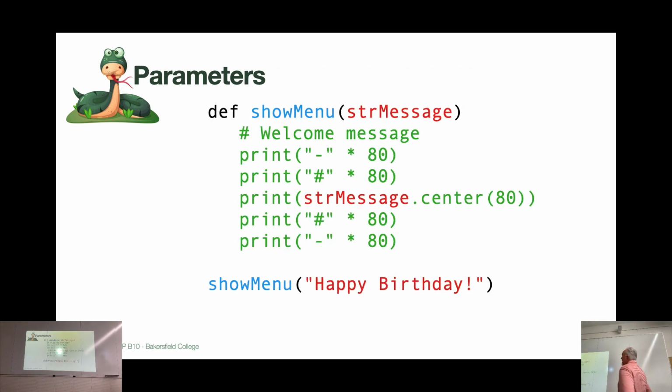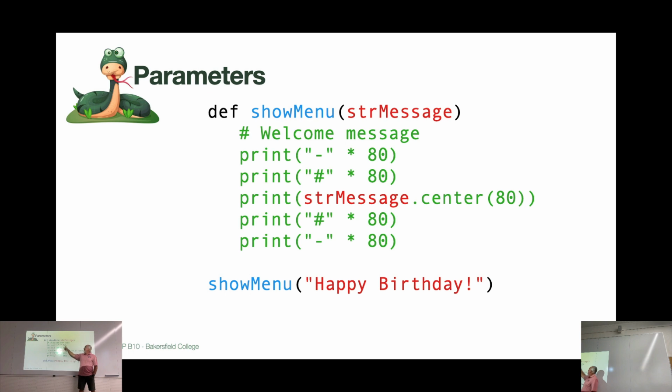For example, if I wanted to take the thing that I just did and customize it so that instead of saying welcome to the ATM, it's a function that will show a menu that contains a customized message that I give it on the fly, then I would give it a parameter here, and I would repeat that parameter instead of having a predefined string here, which is what I did before.